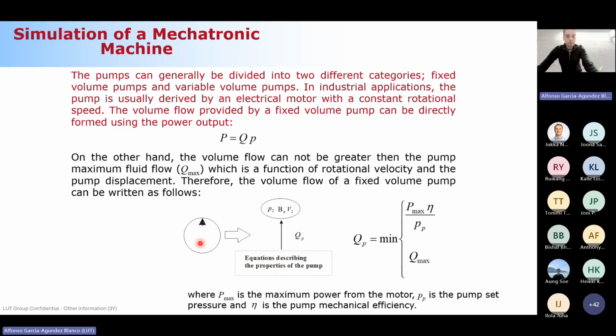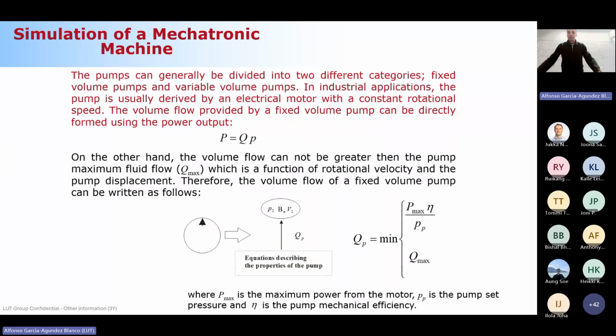So basically, if you have the pump here, this would be the equation. This volumetric flow rate that comes from the pump can be either the maximum flow rate from the pump or the one given by this equation. And I'm going to explain it very easily. Imagine that you have a motor driving a pump, and the motor itself has a maximum power that it can provide.